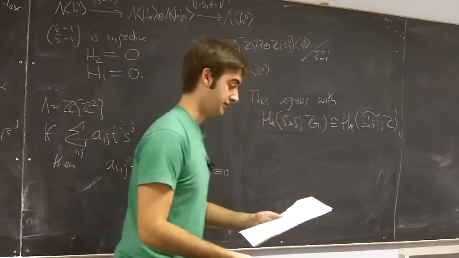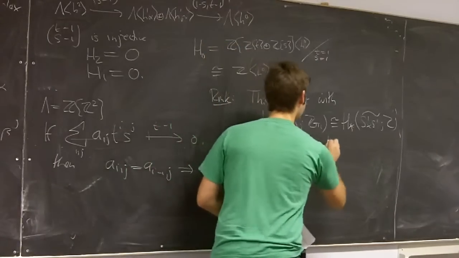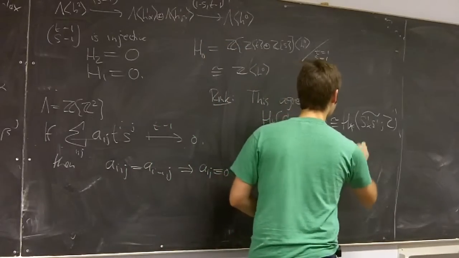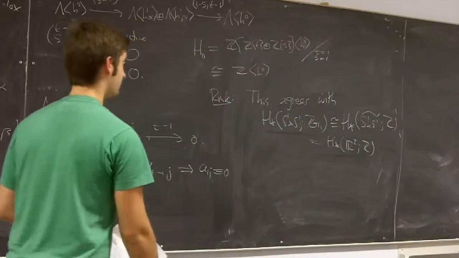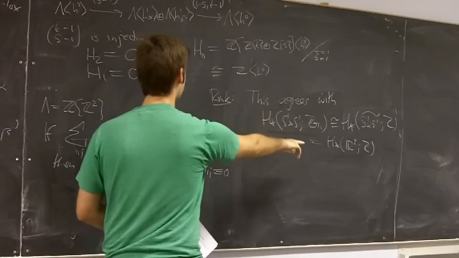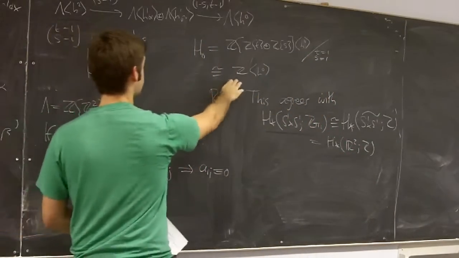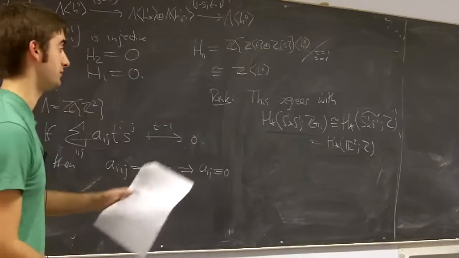What's the universal cover? Well, this is R2. And we know the homology of R2 is just, well, unreduced, we just have a copy of z in dimension 0 and nothing else, which is what we observed.